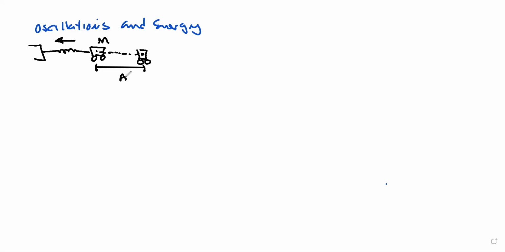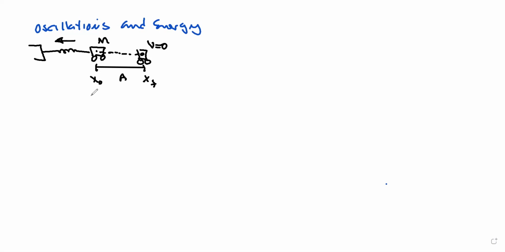Then you're going to hold it here before you let it go, because once you let it go, it's going to start to oscillate back and forth. Let's call this point x final, and this one is x sub naught, which is the point of equilibrium. At x final the velocity is 0.